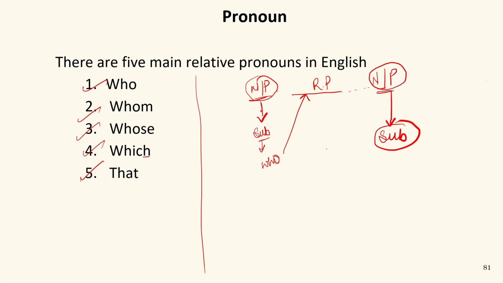If the noun or pronoun written before the relative pronoun is behaving like a subject, we use who. And if the noun or pronoun after the blank is behaving like a subject, we use whom.